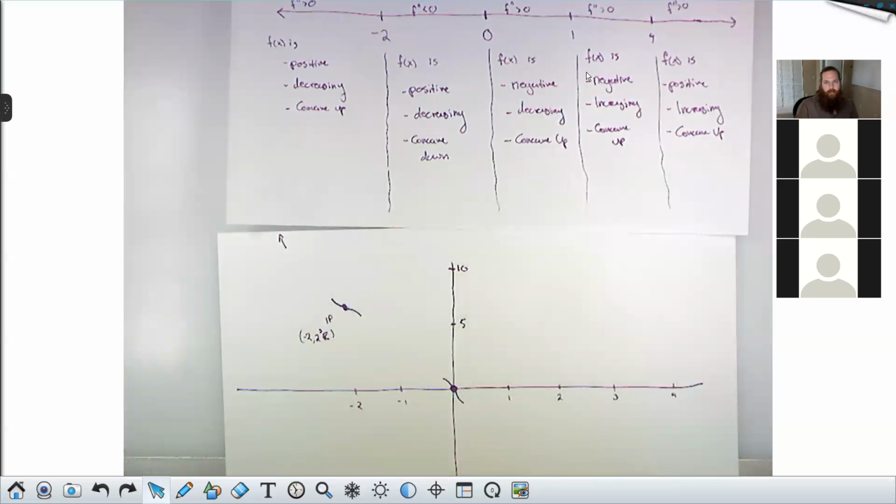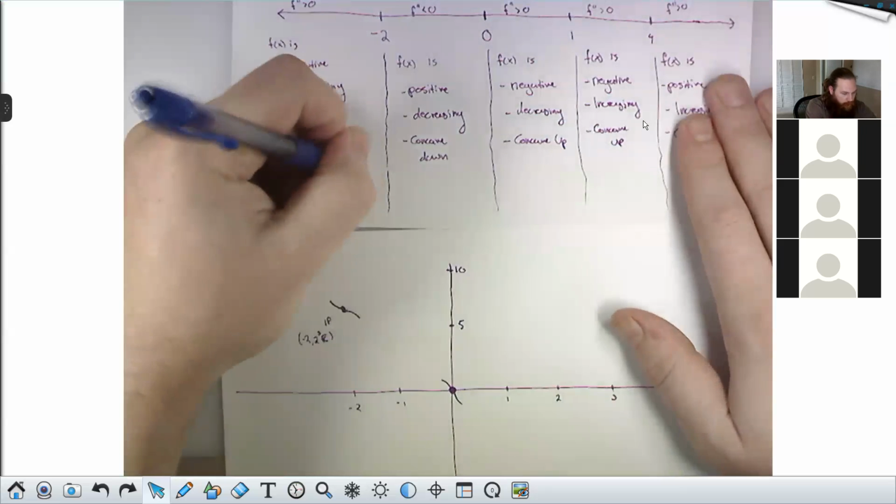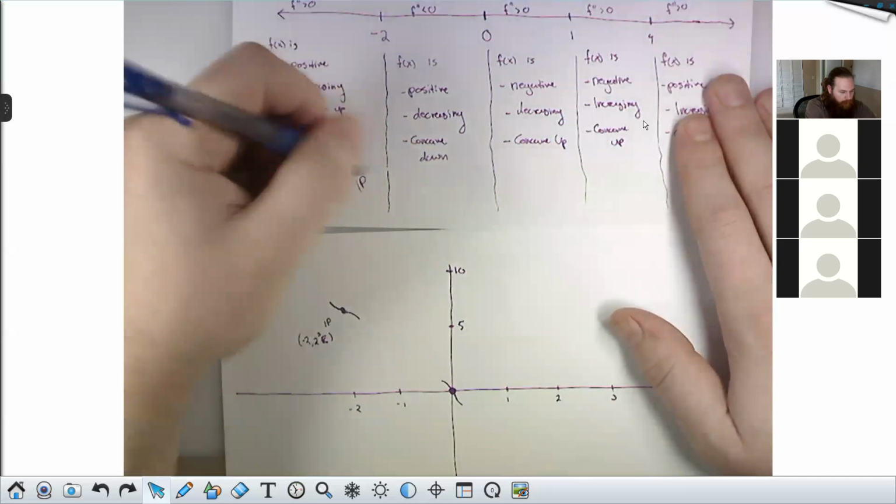My next interesting event is at x equals 1. F is negative there. Increasing, okay, so I go from decreasing to increasing, and I stay concave up. So decreasing to increasing tells me that I've got a local min. So at -2, I had an IP.